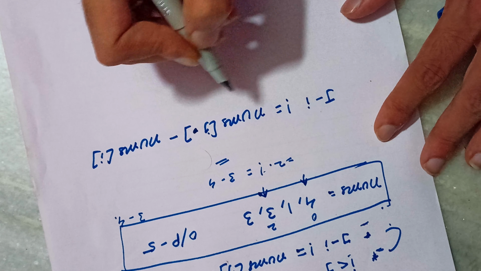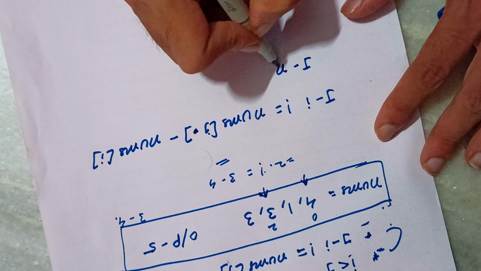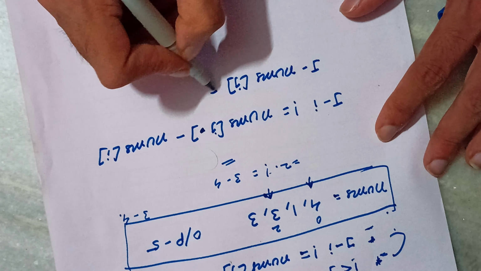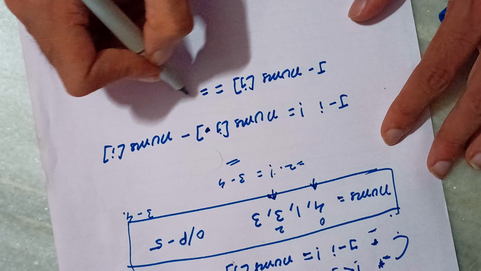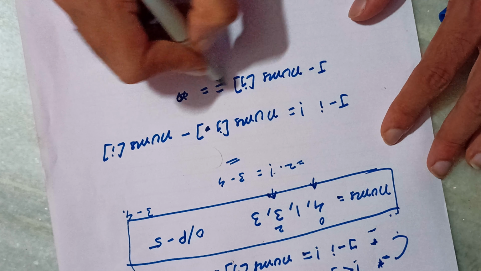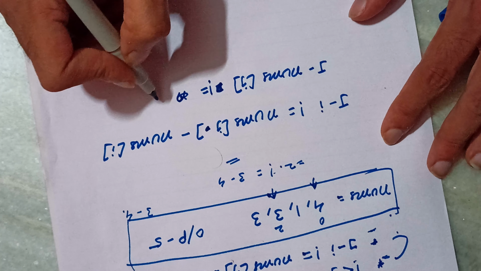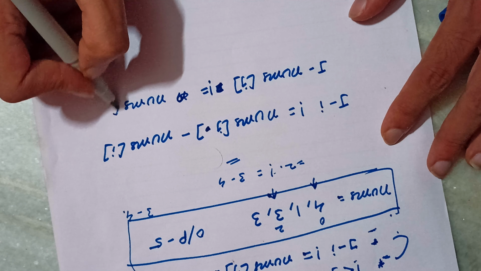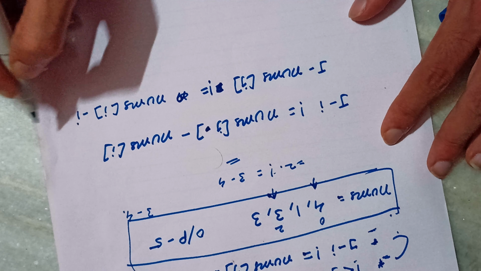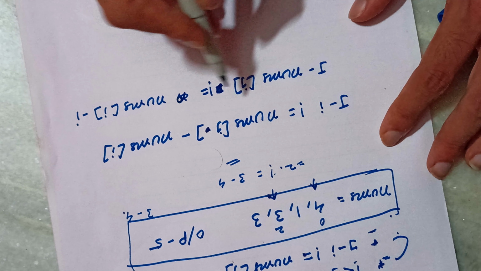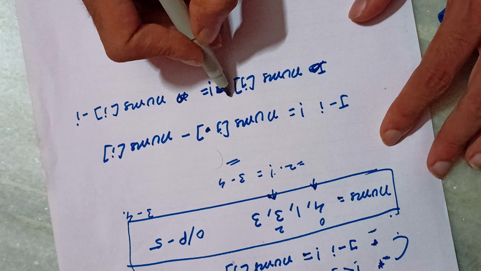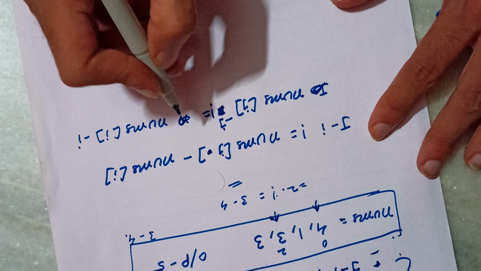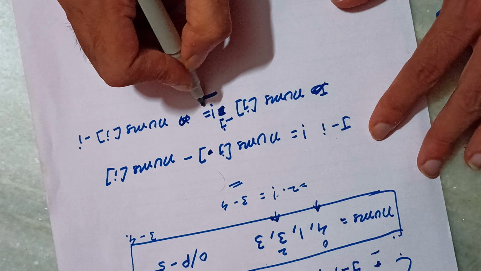We can change this formula into j minus nums[j] is not equal to i minus nums[i]. So we can change this into this formula.